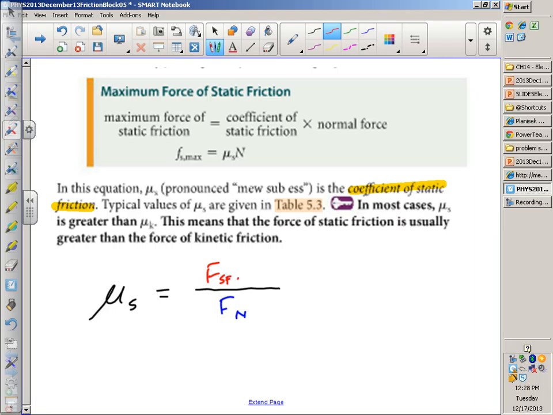The maximum static friction value. That's the important one, because we have to exceed that value if we are going to make anything happen. So the coefficient of static friction lets us find the maximum static friction value, and that's important.